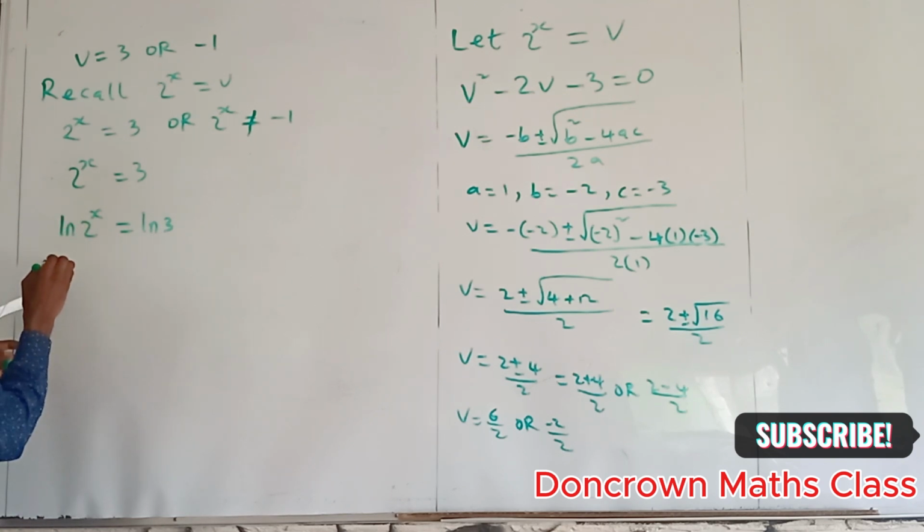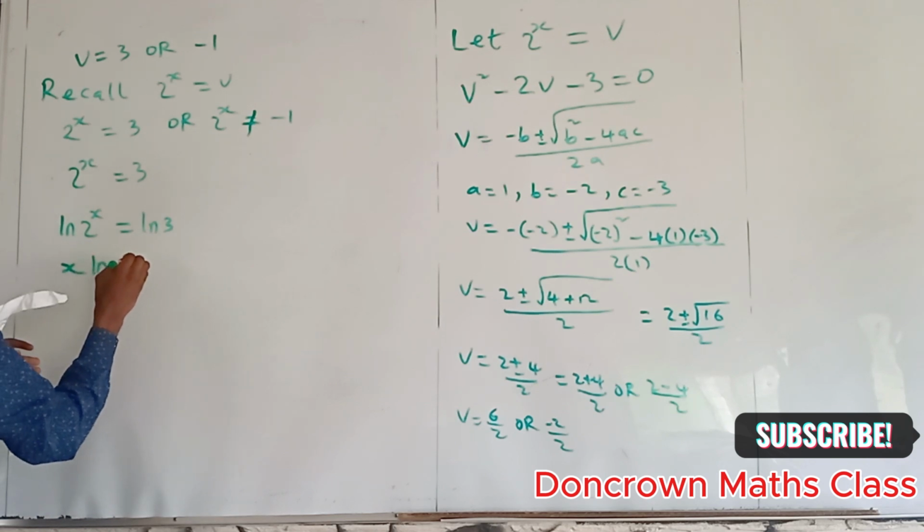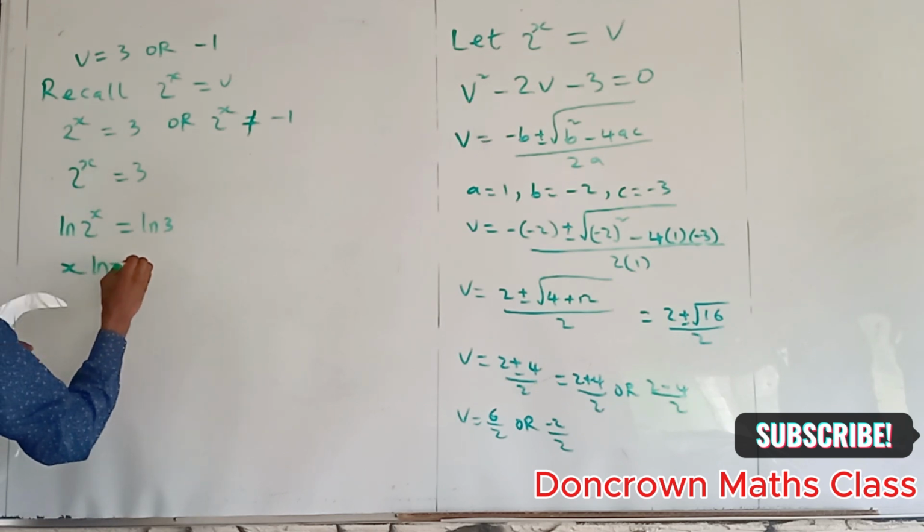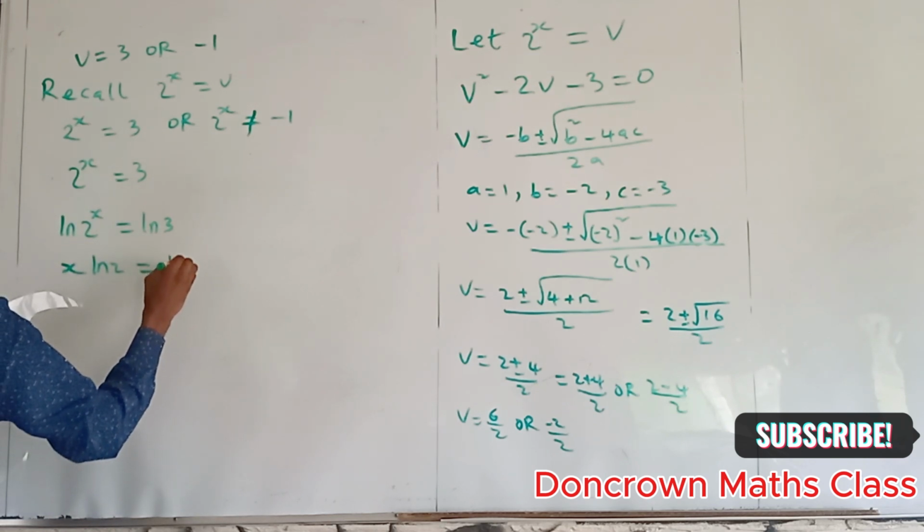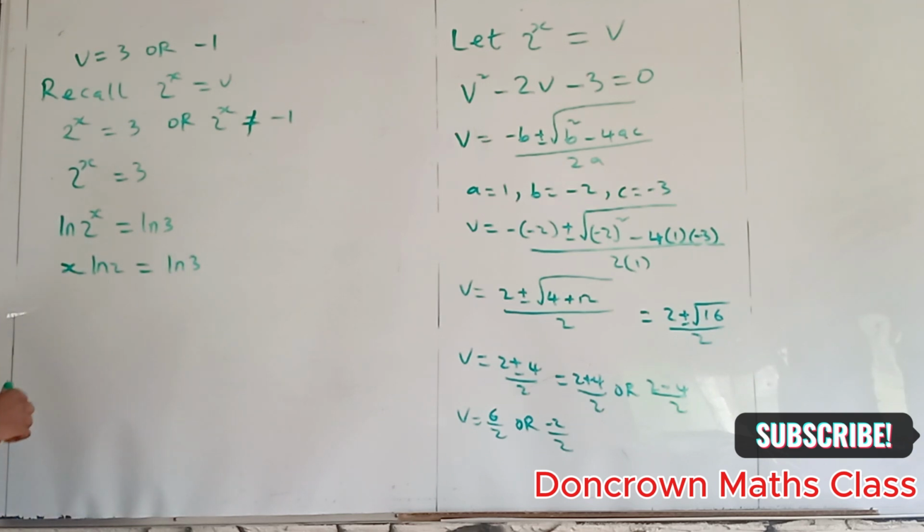So we can write it as x ln 2, equals to natural logarithm of 3. So therefore, we are going to divide both sides by natural logarithm of 2. You get that now?